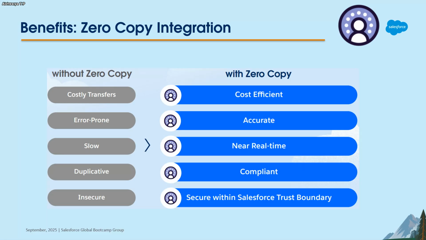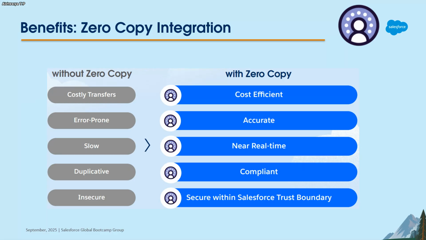So maybe if I'm sending out a communication in the next 30 minutes, I might miss the actual data, what is currently available in real time. So that's why it's not accurate, and again you will see some duplicacies also, because you're saving the same type of data in two different systems. So that's why you tend to get some errors when you don't have zero copy.